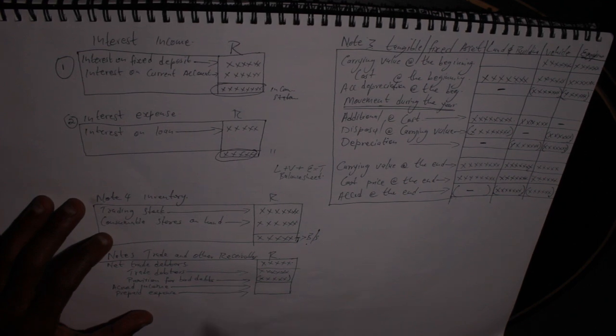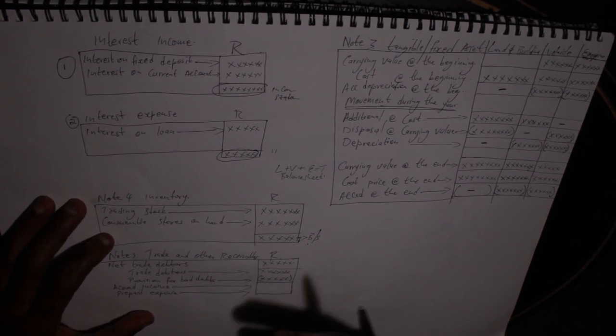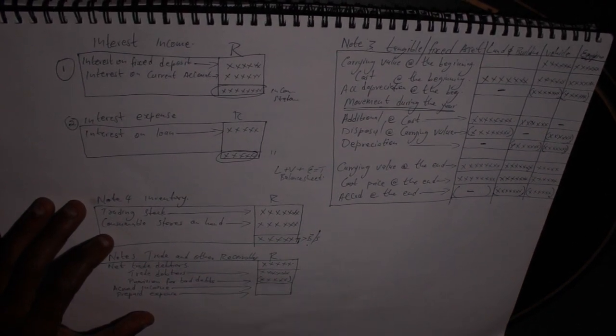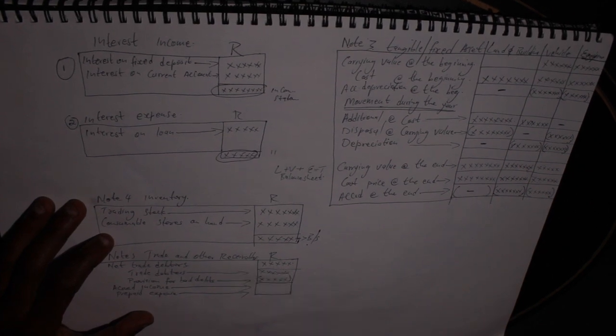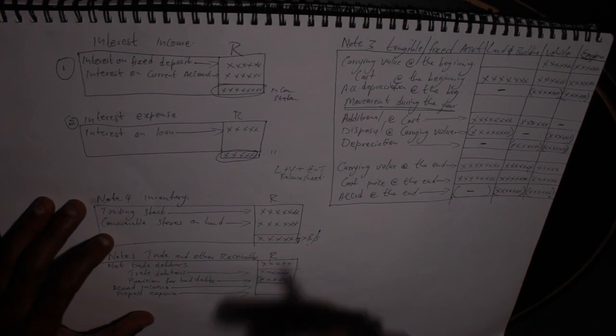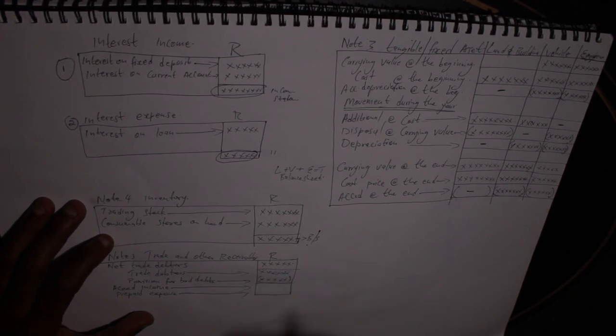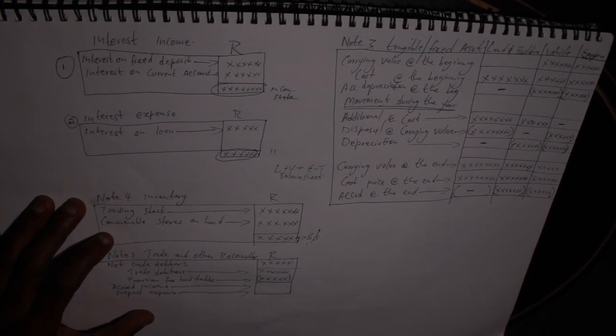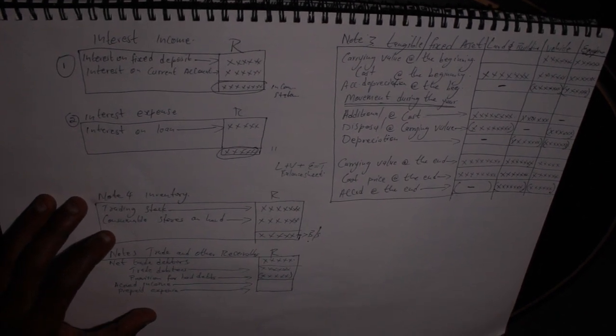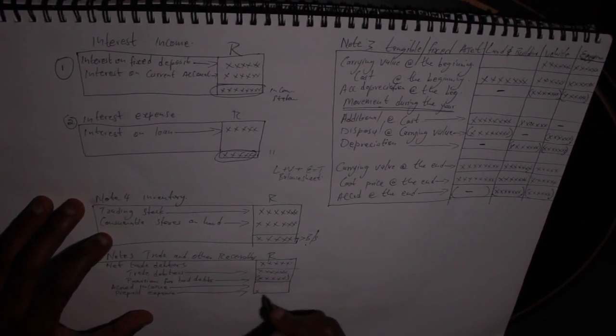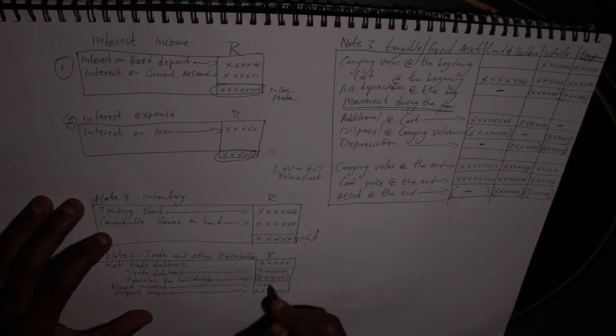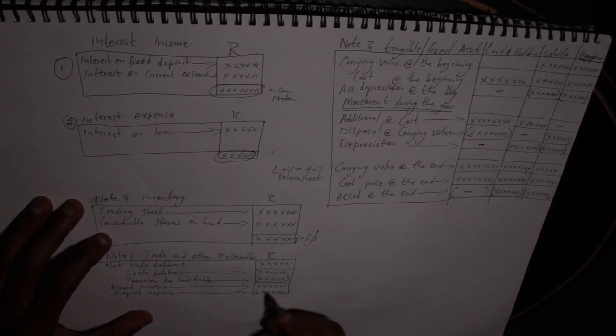We expect the same value of advertisement to be received by the business. I don't know if I make sense. If I pay an amount of 100 Rand in advance to an advertiser, I expect to receive 100 Rand value of advertisement in the near future. Therefore it is receivable. The same as accrued income, it is receivable. I'm going to show that amount there.